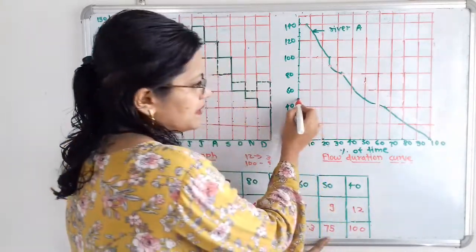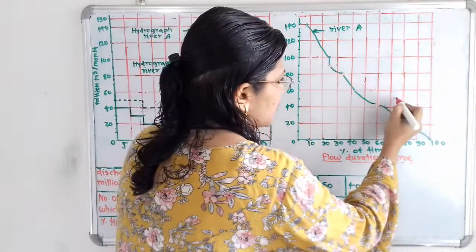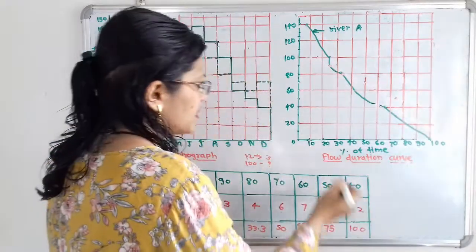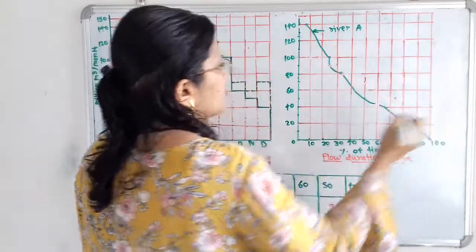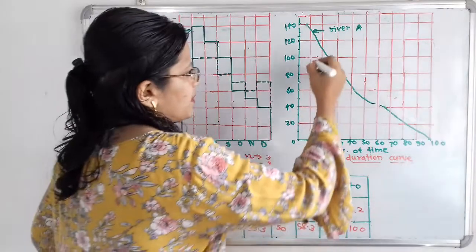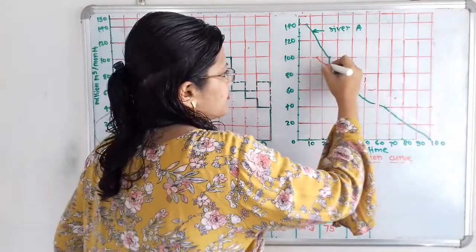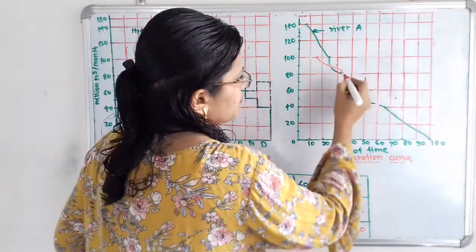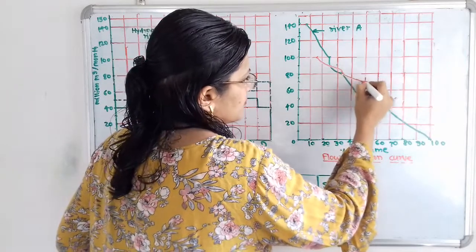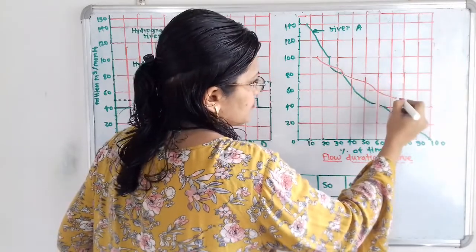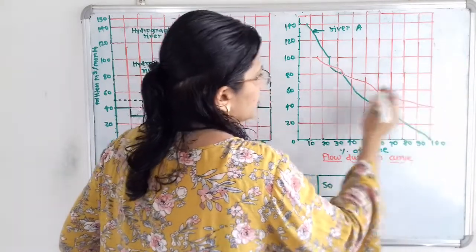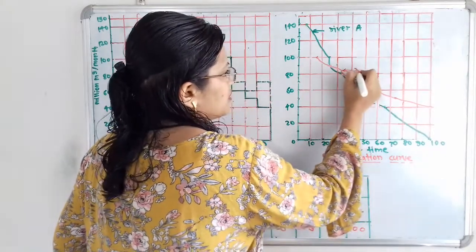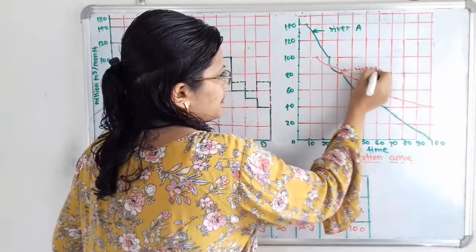So here is 50. We have to plot the point for 75. And then for 40 it is 100. Now we will join all these points. So this is the flow duration curve for the river B.